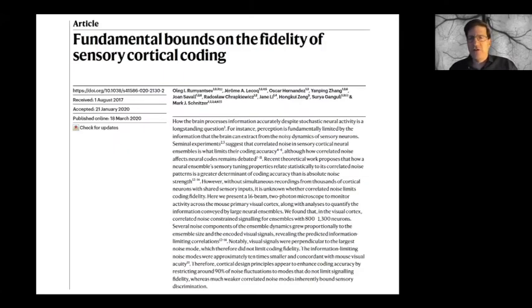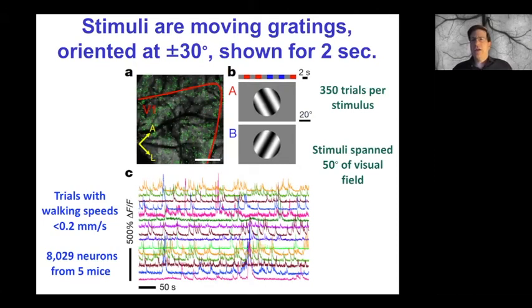So this came out early this year, as I mentioned, and this slide introduces the visual stimuli that we used. So we showed the mice, who were held in place under the 2-photon microscope, stimuli on a monitor that displayed moving gratings at one of 2 different orientations, shown here indicated by stimulus A and stimulus B. You can see that the orientation of these moving gratings were generally plus or minus 30 degrees relative to the vertical.